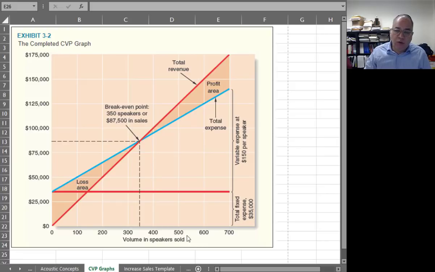Obviously, we would want to be as far to the right as possible, because the further you go to the right, the more speakers you sell, and the more sales and profit you're going to make. But you definitely want to be ahead of this dotted line, because as long as you're to the right of the line, you're making a profit. If you're to the left of the line, you're in this loss area where the revenues are less than the total expense. That's not a good place to be.